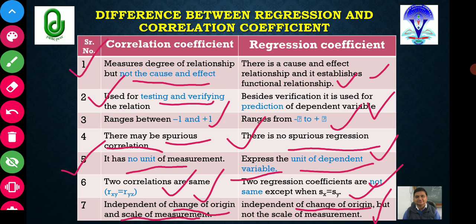I have already discussed change of origin and scale of measurement when I was telling you about the properties of variance. So you go and refer what is change of origin and what is scale of measurement. Here you have to remember that the correlation coefficient is independent of change of origin as well as scale of measurement, whereas the regression coefficient is independent of change of origin, but it depends on scale of measurement.